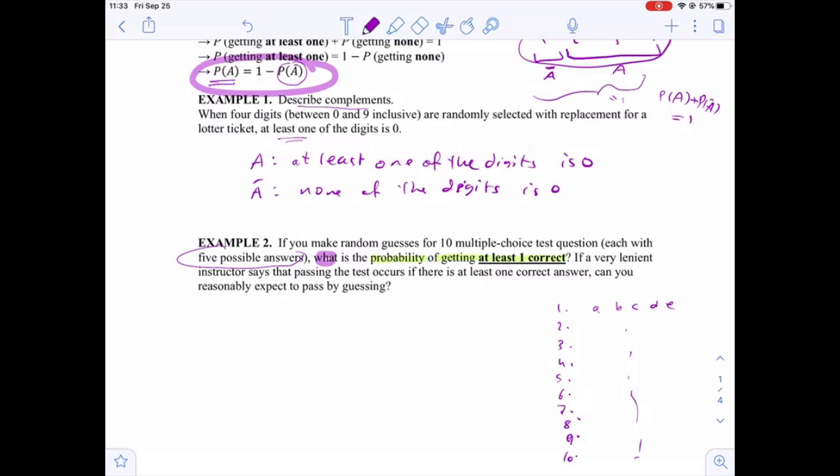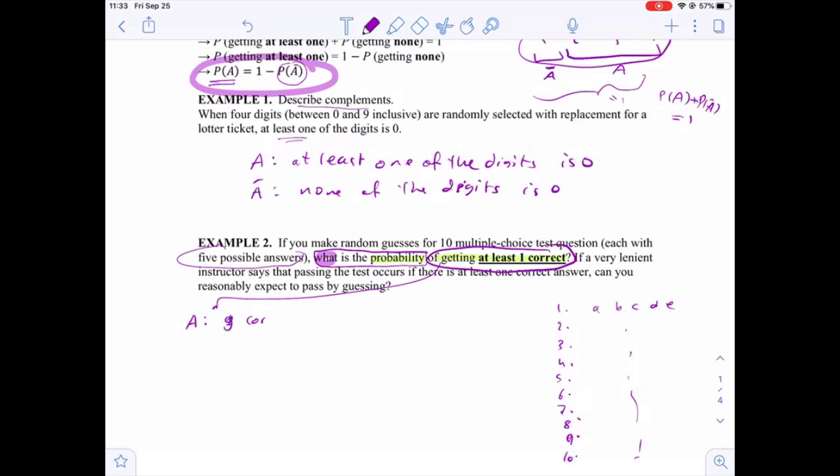Okay. So we first define the event A. We usually find the event A after the word probability in the question. What is the probability of what? Of getting at least one correct answer. That's the event. So getting one correct answer.